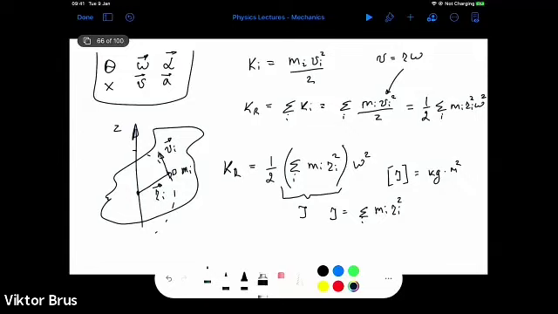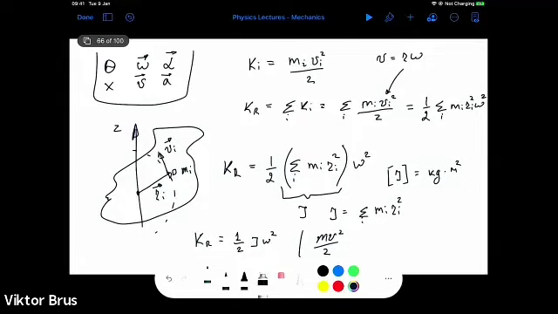And now we can write the final equation for kinetic energy of rotation of a rigid body. It will be 1/2 I, capital I, times omega squared. So if we compare this with the kinetic energy for translational motion, which is mv squared divided by 2, we see a clear correlation and analogy between these two expressions.